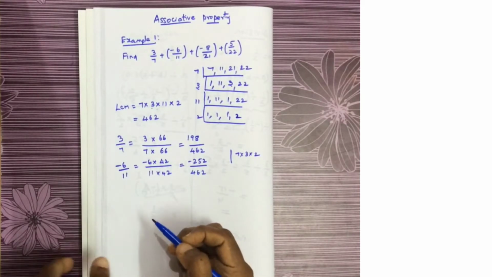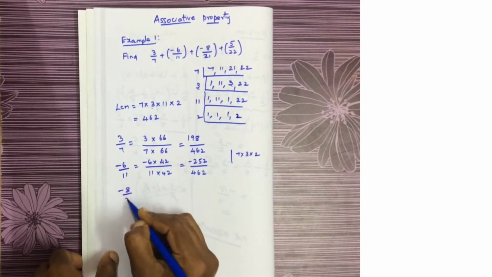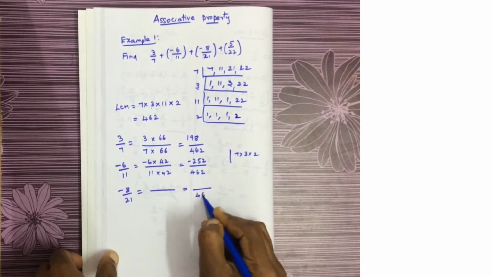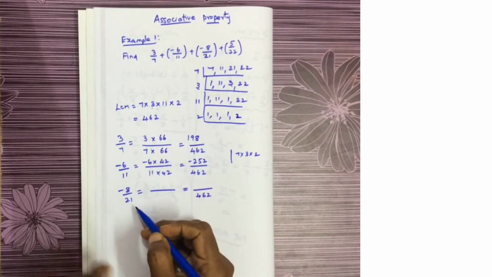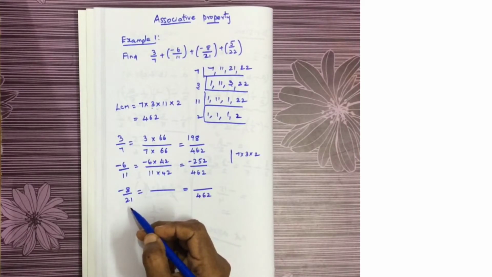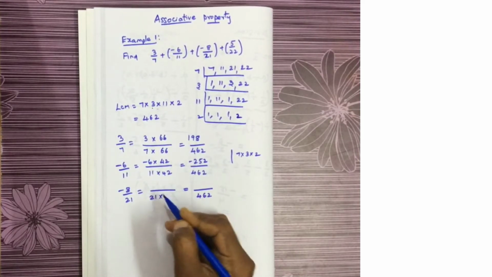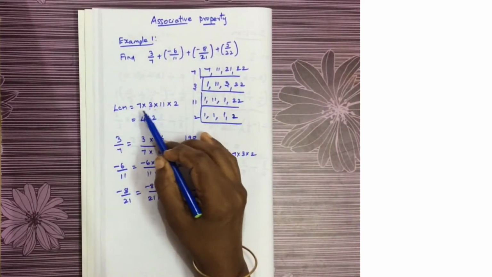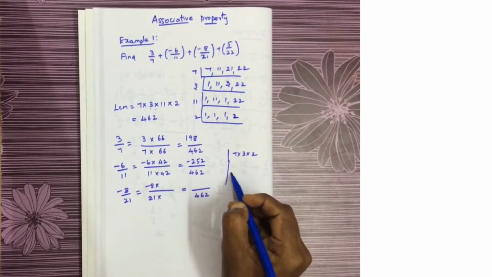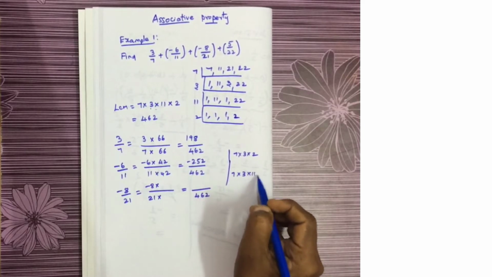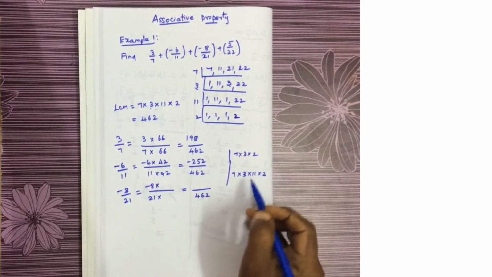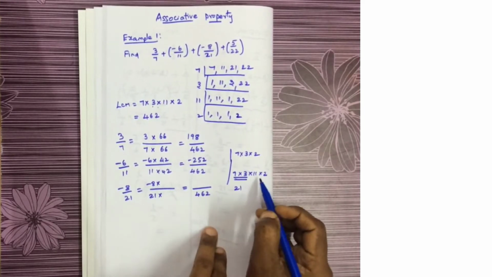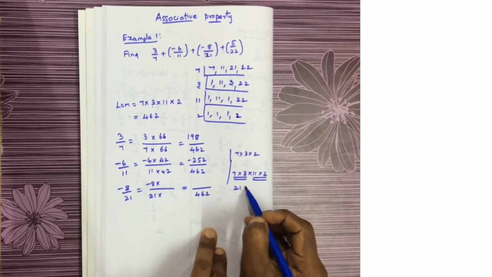What is next is minus 8 by 21. So here it is 462 and here it is 21. 21 multiplied by what? Already here is 7 into 3, 21. 7 into 3 into 11 into 2 together is 462. 7 threes are 21, and 11 into 2 is 22.